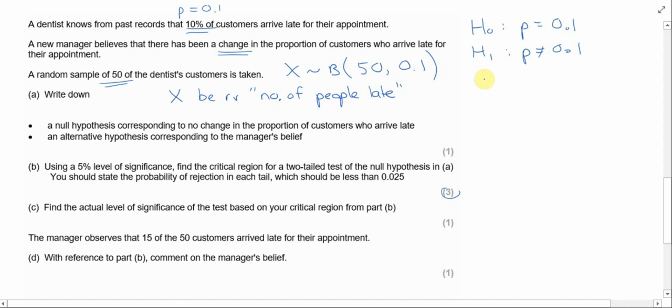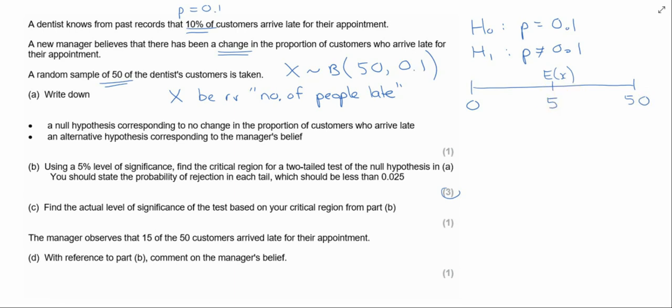Let's have a quick look at what we're facing. So we could have no people late, or we could have 50 people late. And I always like to draw this picture. We would expect 10% late, so we'd expect 5. This question is asking us about the critical region. So this is the harder variation. You just haven't got a number you could just pop in.